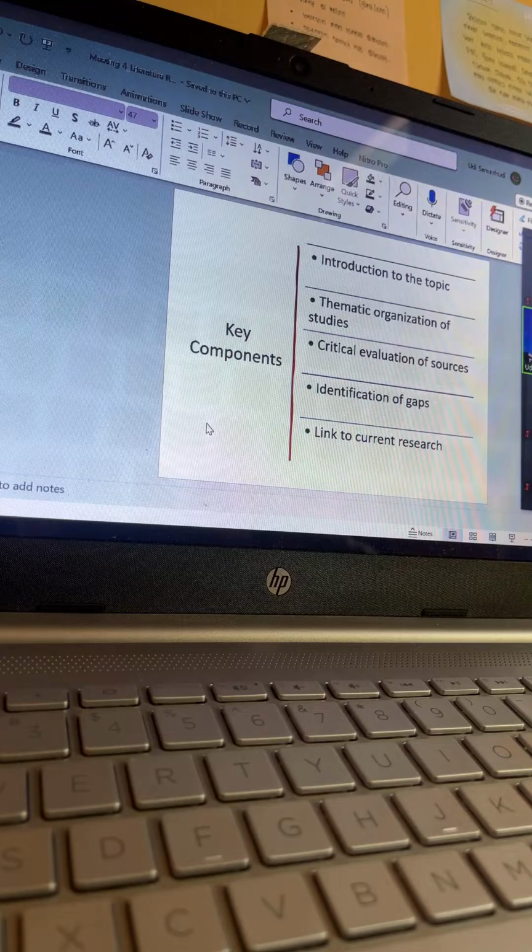Okay, but the easiest way to understand how a literature review is written, because this course is not about research, but this course is about writing research, or research writing, or academic writing focused on research reports. Your focus is not on the research itself, but mostly on how this literature review is written.